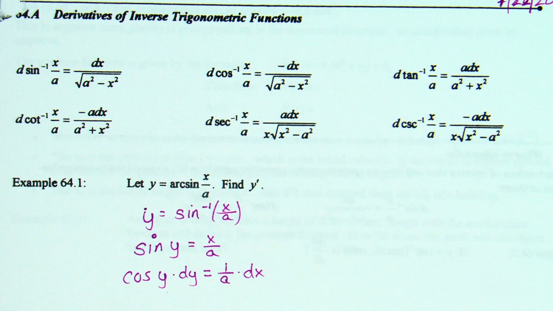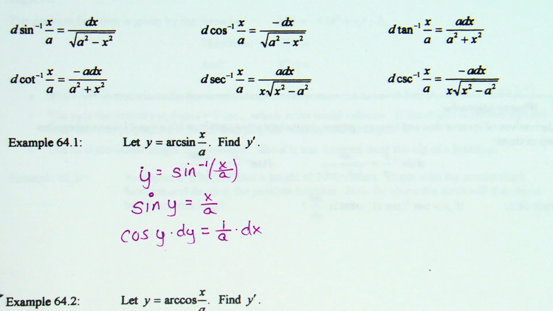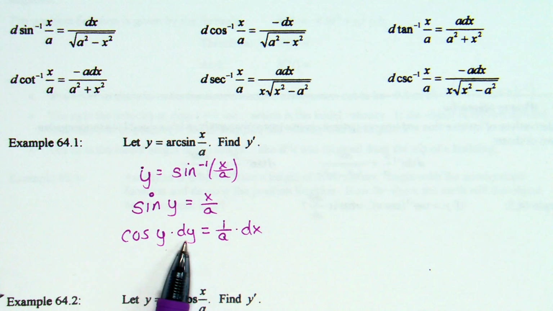Now, if we're trying to find y prime, what do we want to try and solve for? What's the equivalent of y prime? dy over dx. So can you solve this and make it dy over dx?